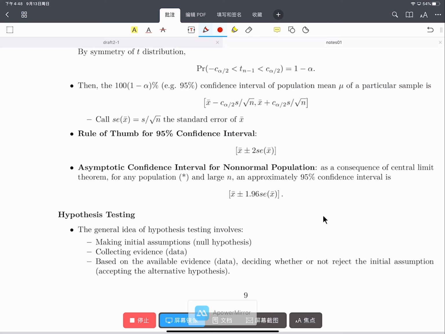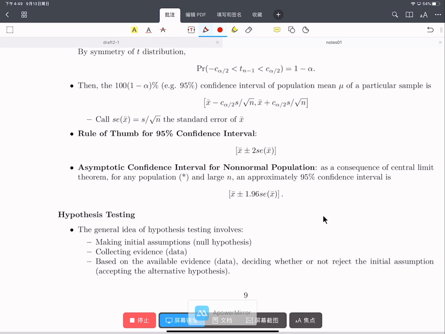But now you want to know how likely it is that your guess is correct or not. So what we do is collect data, collect evidence. We obtain a random sample of 100 workers, ask about their wages, and get the sample average.